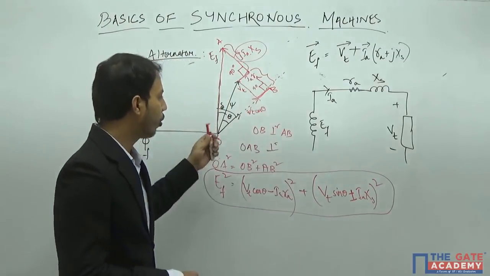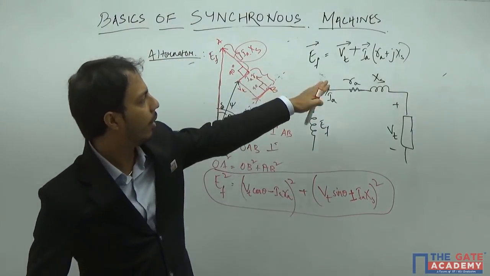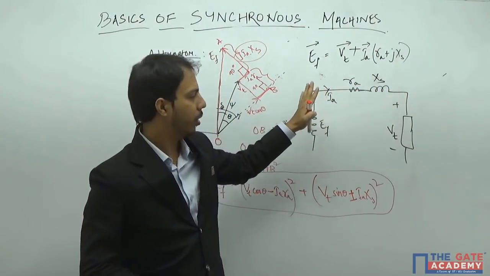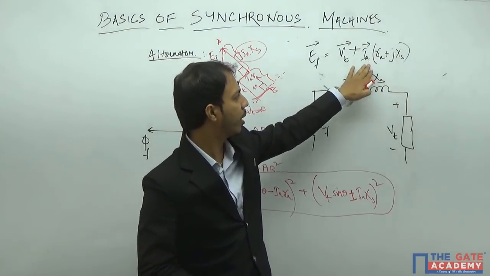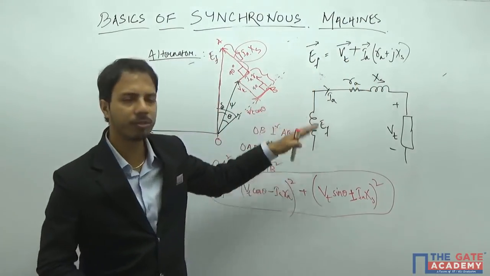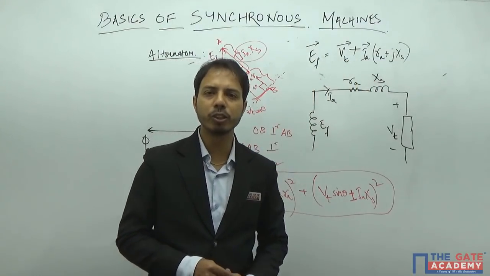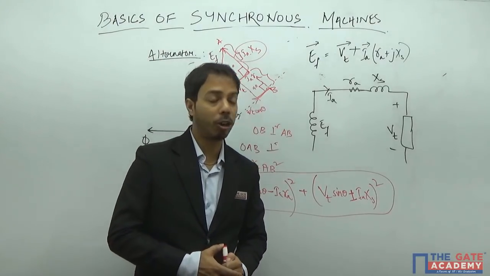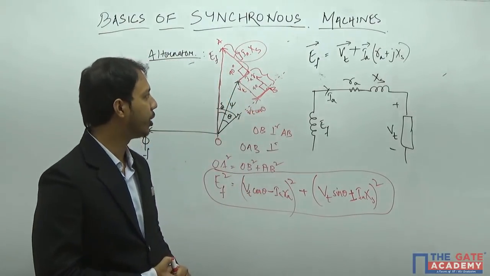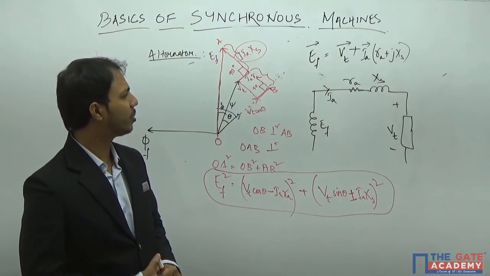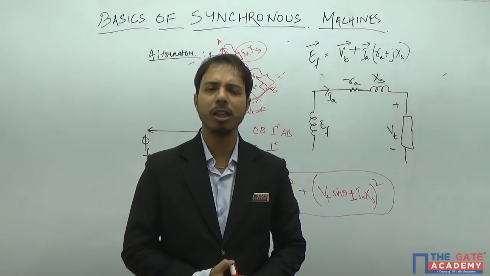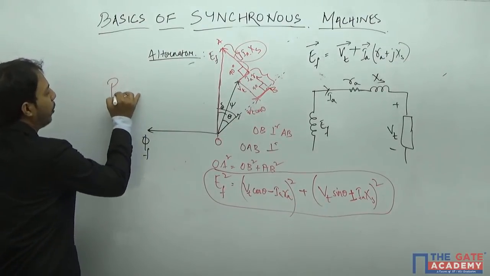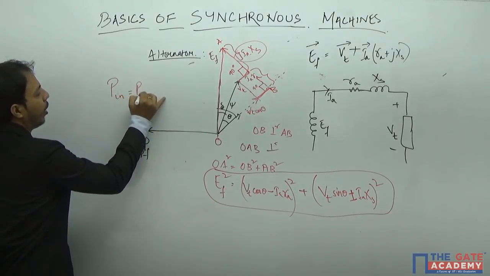Now once we go forward, we can find out the current expression from this particular topic. And once we find the current and the induced EMF, this is immensely helpful for solving GATE questions. Also, we can find out the power equations. Basically they will ask you for the lossless equations. In lossless power equations, P input is equal to P output.